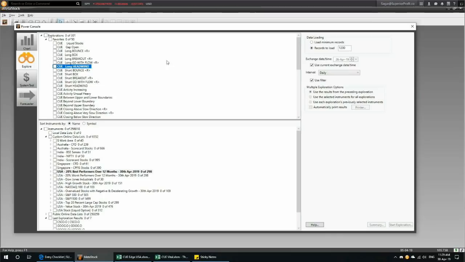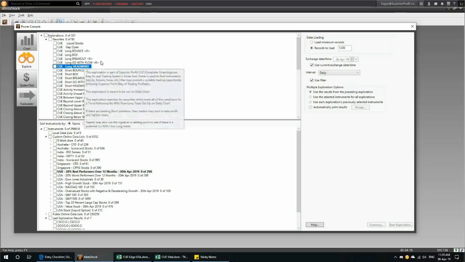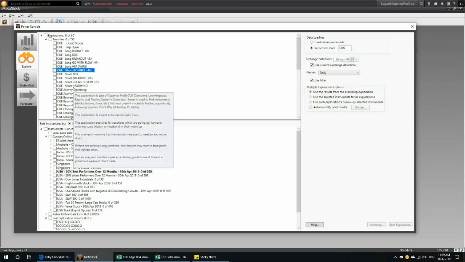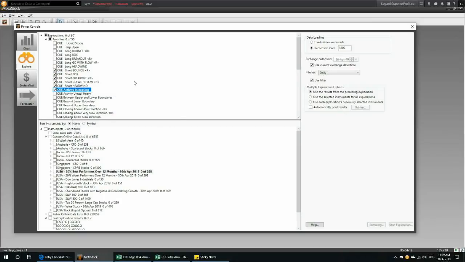We have a set of sonars, we call them, for the long direction and another set for the short direction. Then we have other Q sonar explorers that you can combine to find an exact pattern that you have in your mind. These sonars don't look for indicator values, because we saw from the technical charts, the indicators don't have any value really.